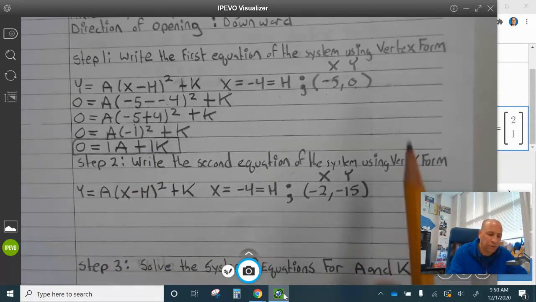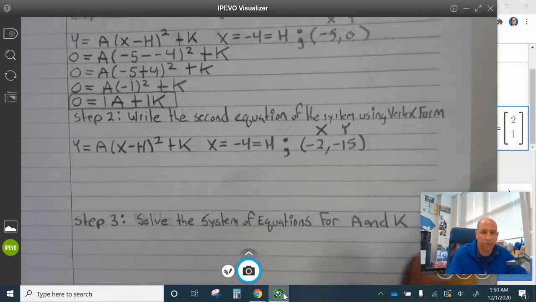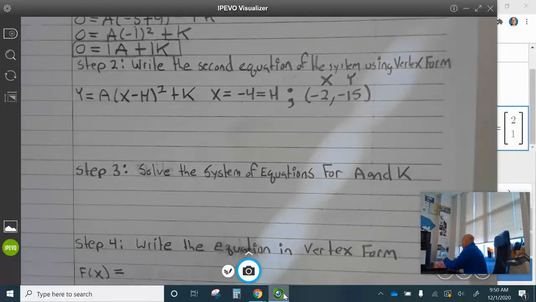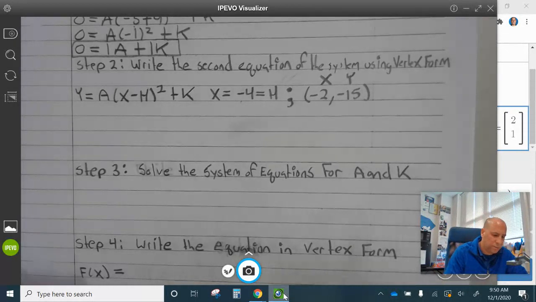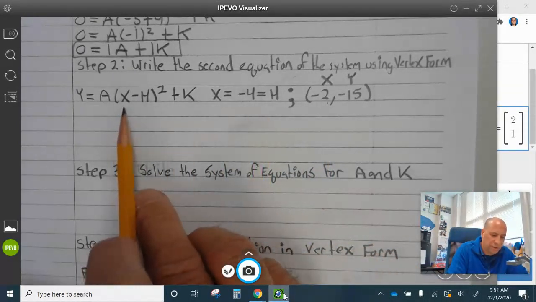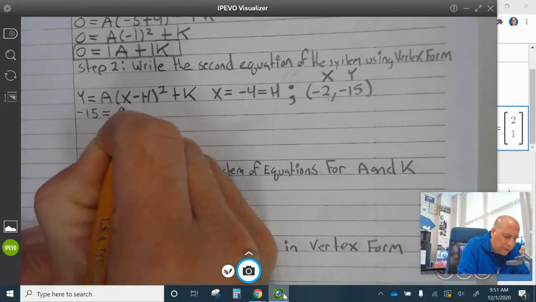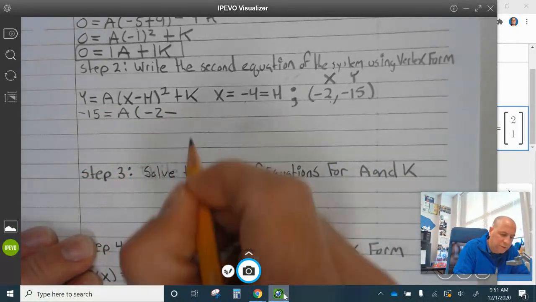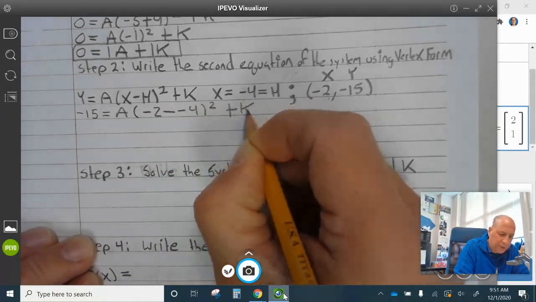Now, the first equation uses the first point. The second equation will use the second point, but still the same axis of symmetry. So now, we substitute the point and the h value into the equation. So y is -15, so that's -15 equals A, we don't know, x, which is -2, minus h, which is -4, squared, plus k.